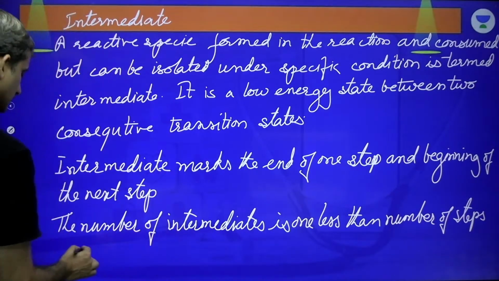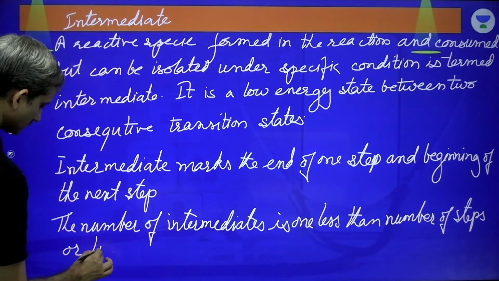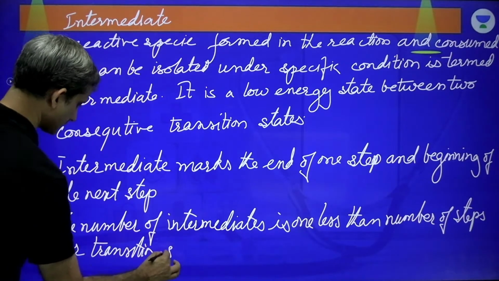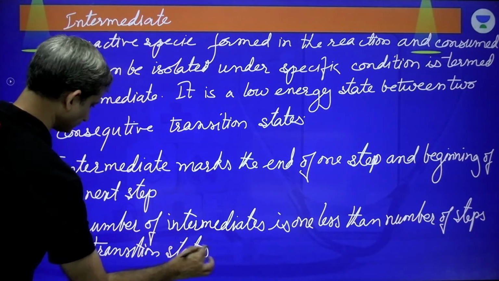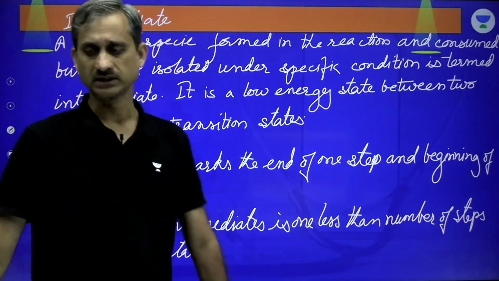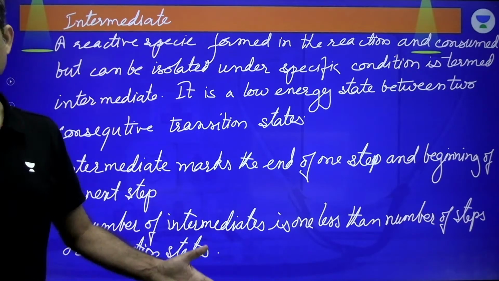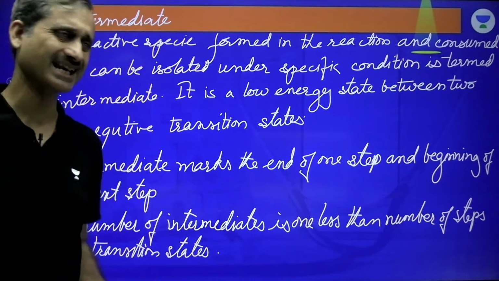So, that is what we term as the intermediates. Harsh, it is tertiary carbocation.